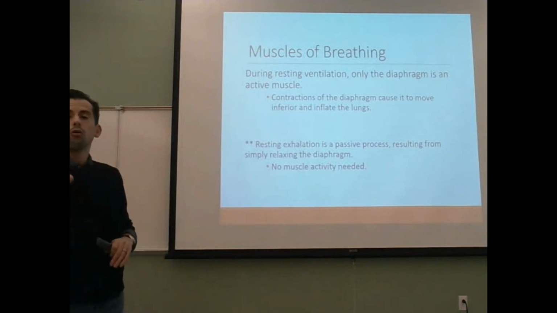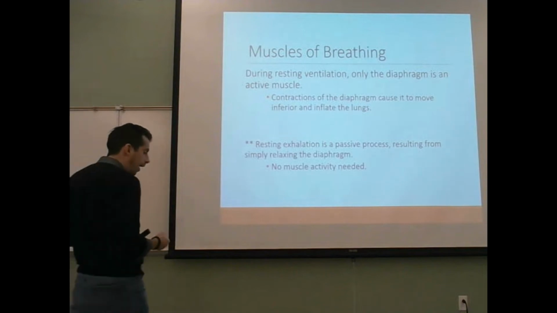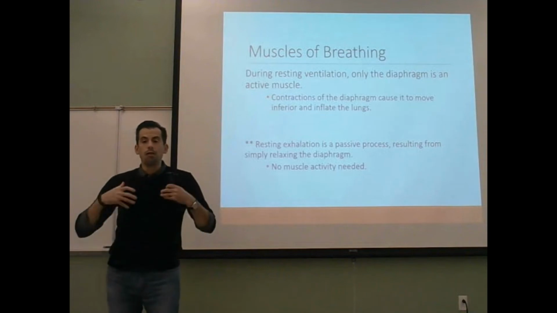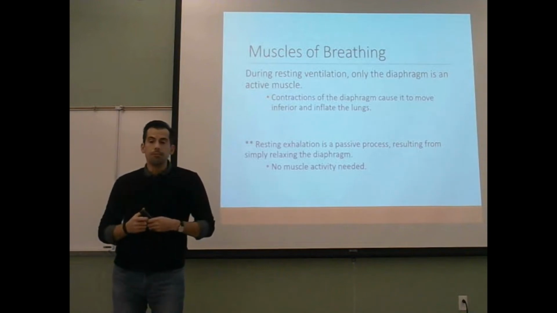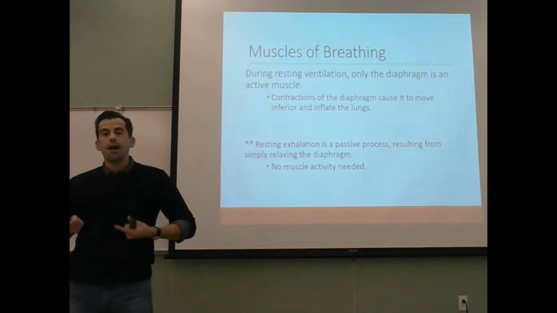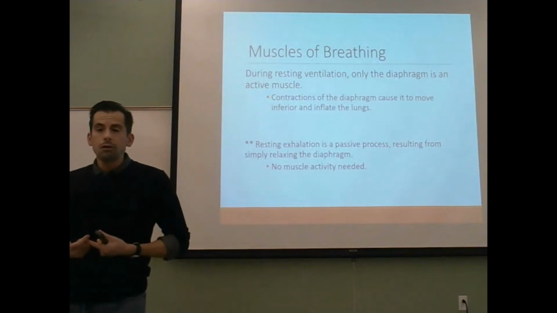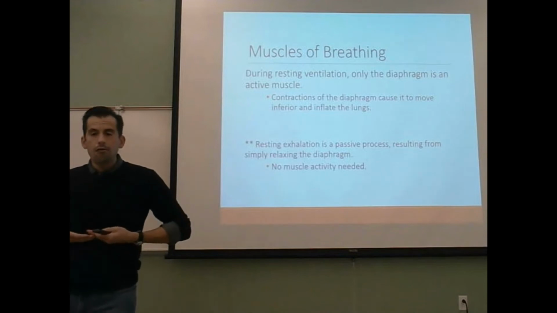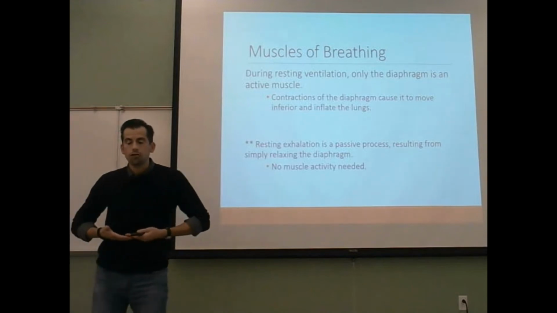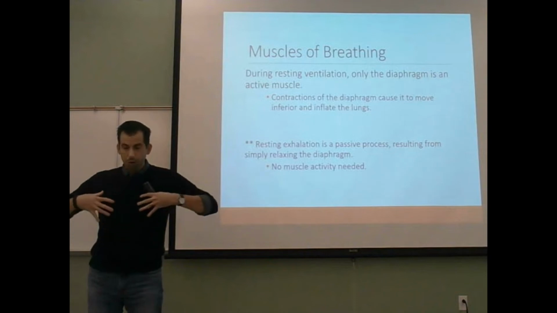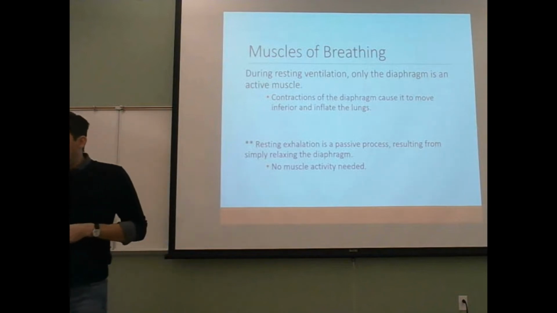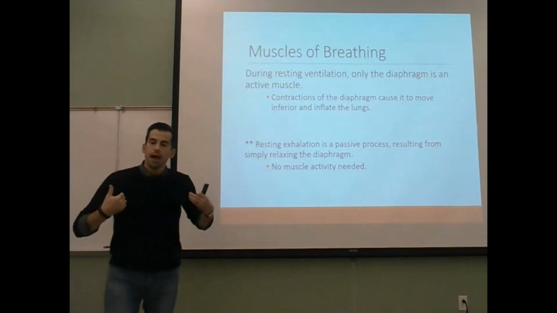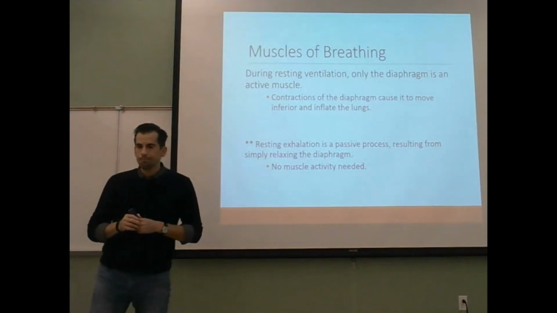Now, with that being said, resting exhalation is a purely passive process. You use the diaphragm to take an active breath in, or resting breath in. In order for you to do the other half of that ventilatory cycle, all you have to do is relax the diaphragm. As the diaphragm pulls down, it contracts and shortens. The ribs are going to expand up and out, slightly stretching the cartilage that connects the ribs onto the sternum and the ribs onto the spine posteriorly.